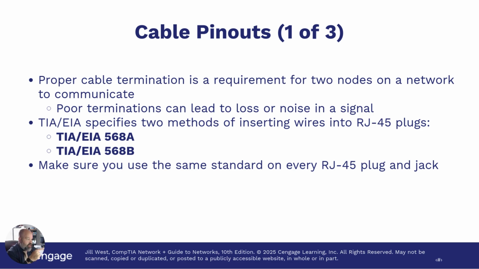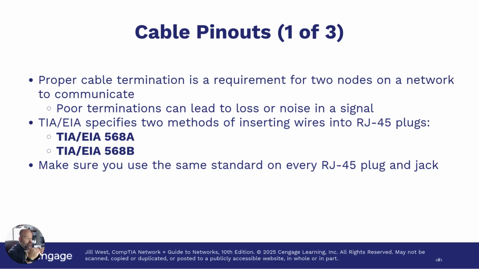The TIA/EIA has two different modes there, the 568A and the 568B. You can use either one, but the important thing is that whichever one you choose, and there are different ways of putting the wires into the connectors, you have to make sure you use the same method throughout your entire network.